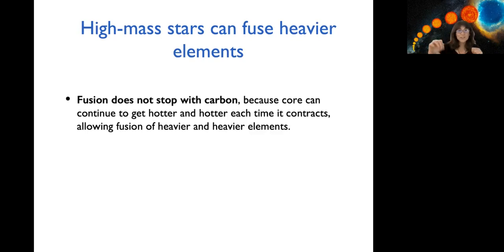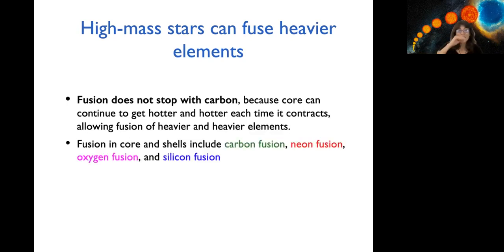So it doesn't stop with carbon, it keeps going. You get fusion in the core, and later in the shells: hydrogen and helium, but then carbon fusion, neon fusion, oxygen fusion, and finally silicon fusion. It can keep going and going, and it's the same cycle, right?